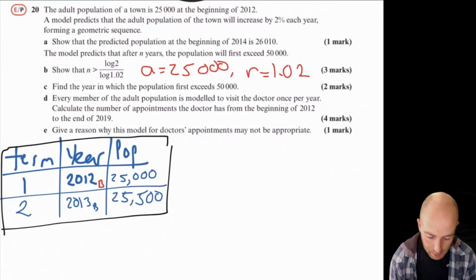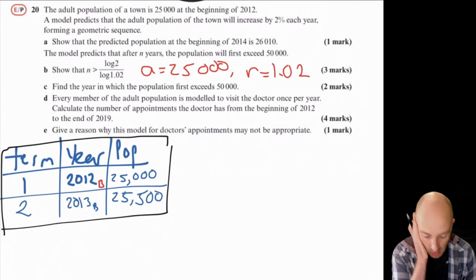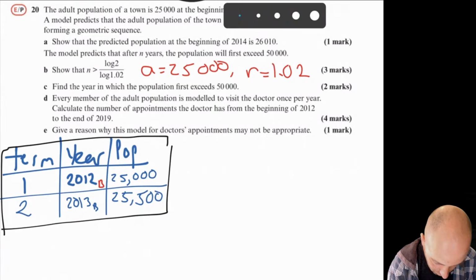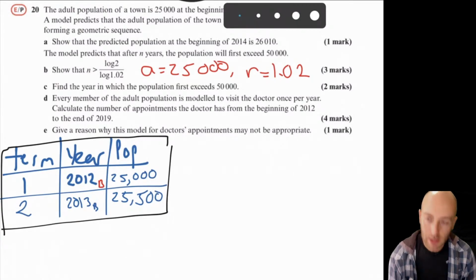Show the predicted population at the beginning of 2014 is 26,010. Okay, so it's going to be term 3 for this because we want the beginning of 2014. You can kind of follow the pattern there. 2012 is 1, 2013 is 2, so 2014 is going to be 3.